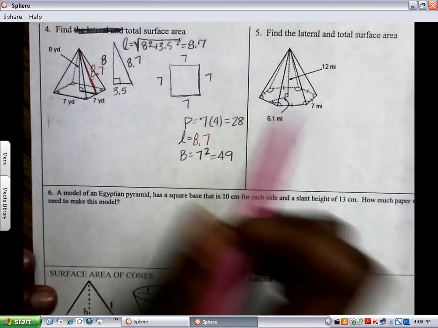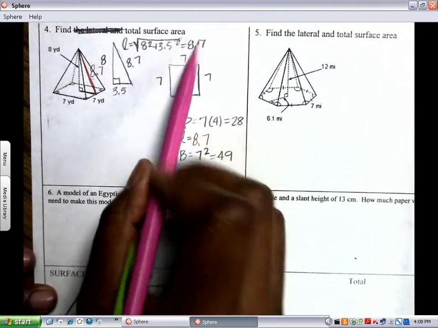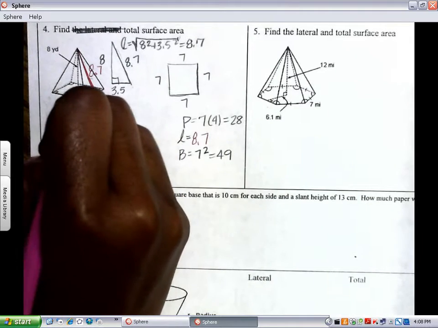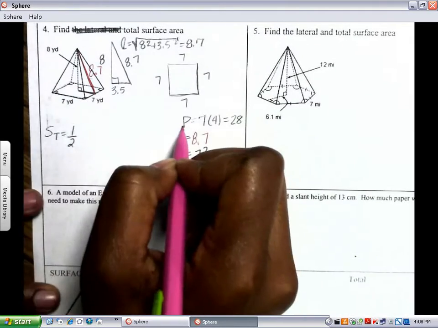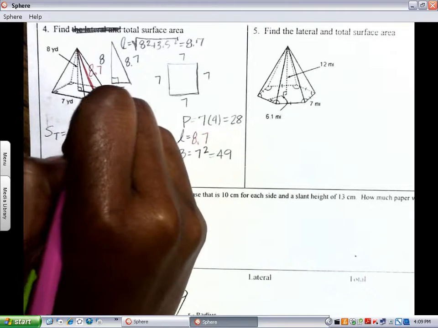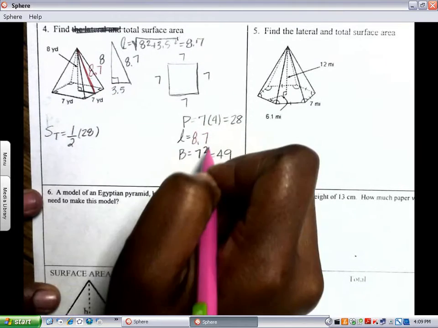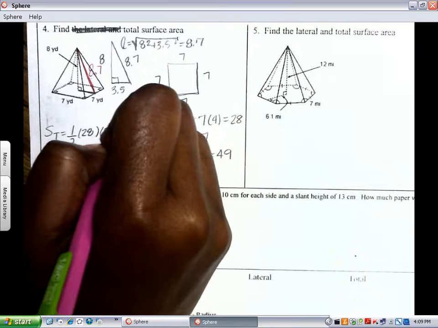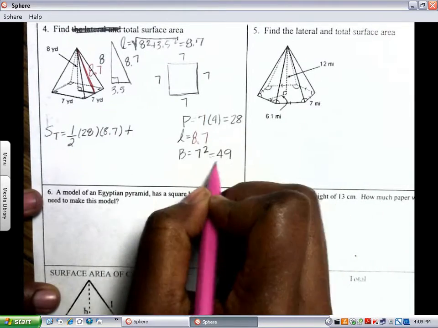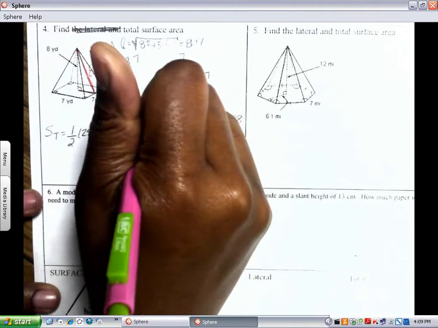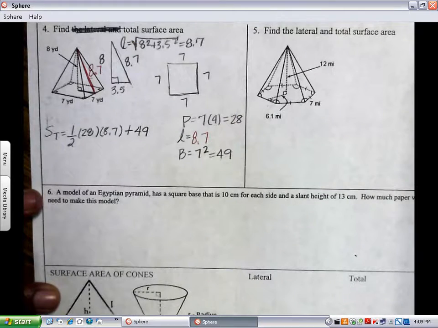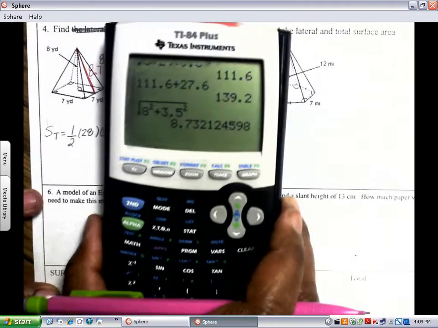So we're just going to find the total surface area. So we do 1/2 P, which is 28, times L, which is 8.7, plus the base area, which is 49. Alright, we can calculate that all together.